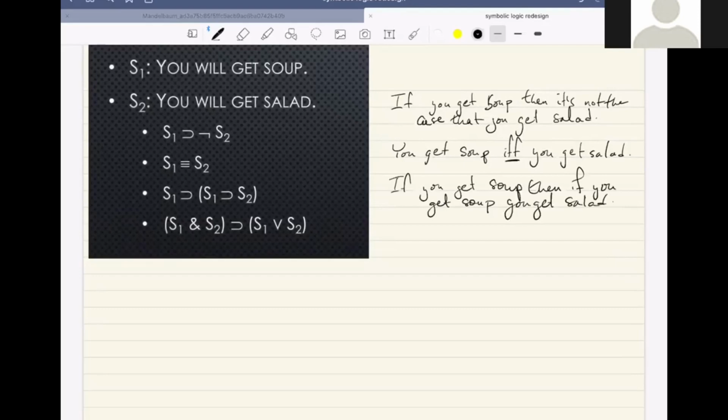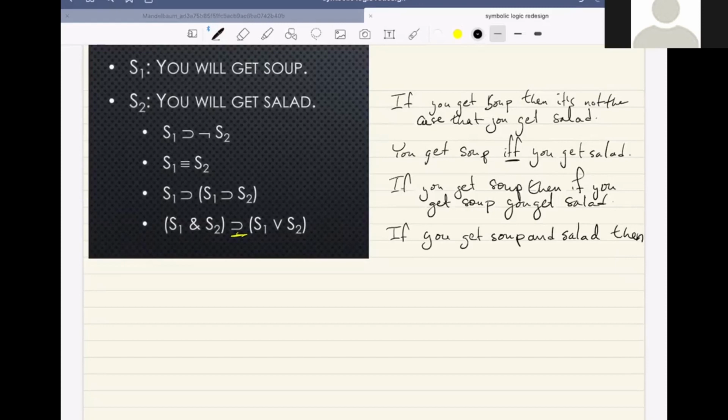And our last sentence is going to tell us, if, so that's our overall if-then statement. So we can write that in first. If you get soup and you get salad, so we can say if you get soup and salad, and then we have the then that is also part of that conditional, which appears between the two parenthetical statements here.